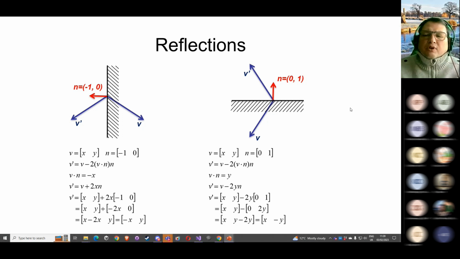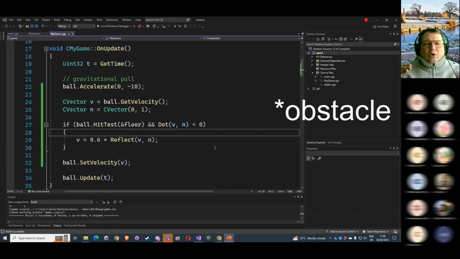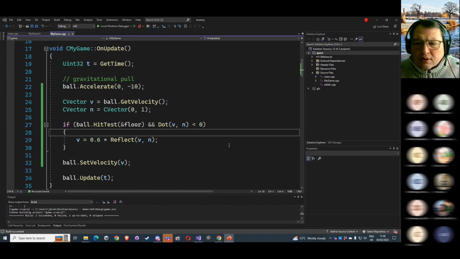So there's absolutely no reason not to use these simplified formulas with just negative x or negative y if you know that your wall is either horizontal or vertical.